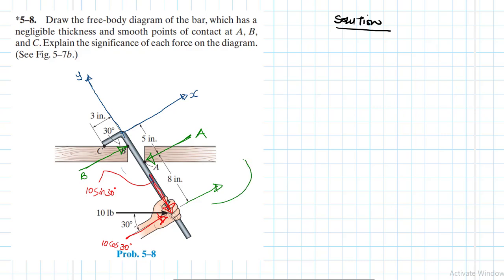This part tends to rotate like this, but it will fail to rotate because it is being restricted by B, and also it is being restricted by C. So we expect to have another reaction force, normal.